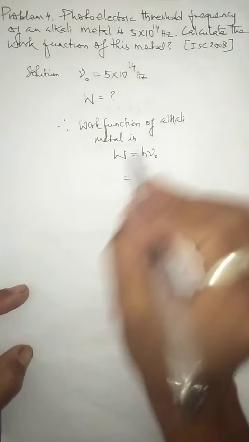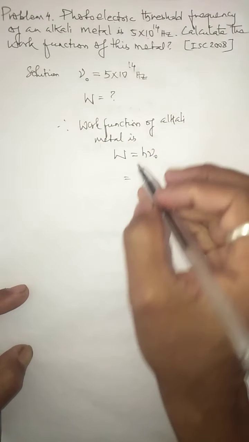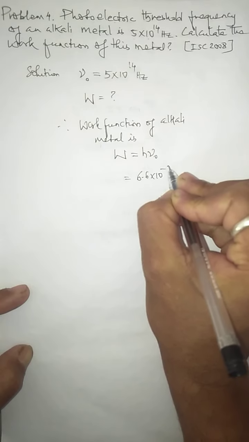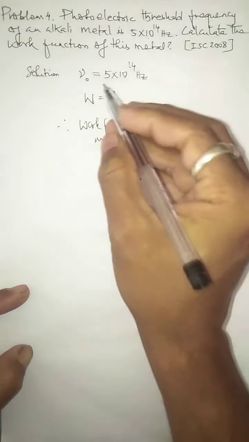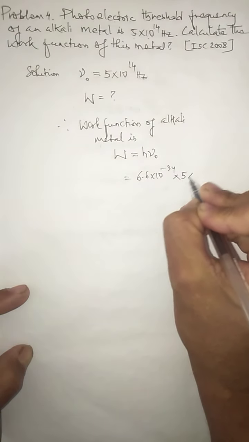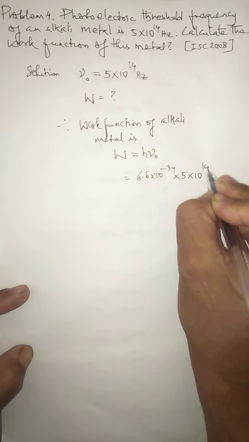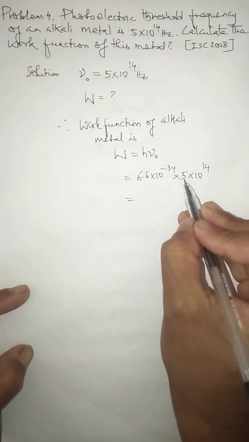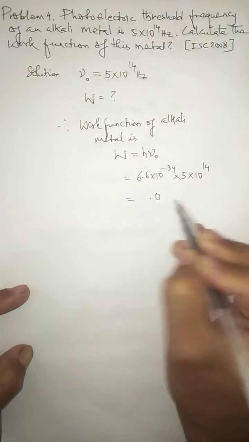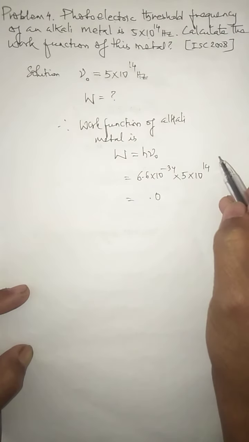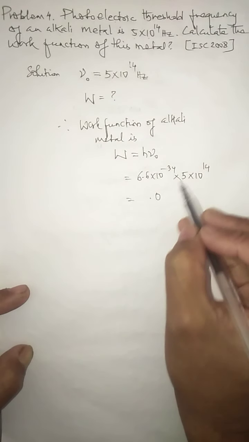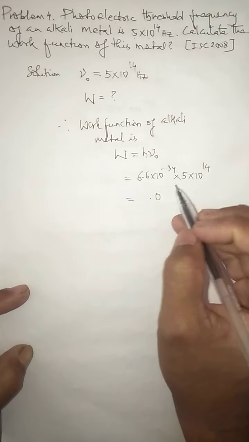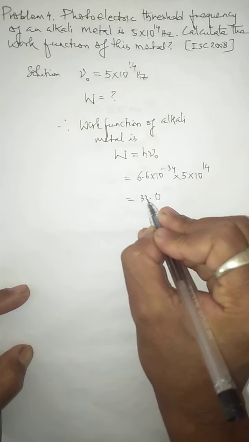Okay, so let's substitute the values and calculate. h, Planck's constant, is 6.6 into 10 to the power minus 34 joule second. Your threshold frequency is 5 into 10 to the power 14. Now we can multiply this: 5 sixes are 30, remaining 3, 5 sixes are 30, 30 plus 3 means again 33.